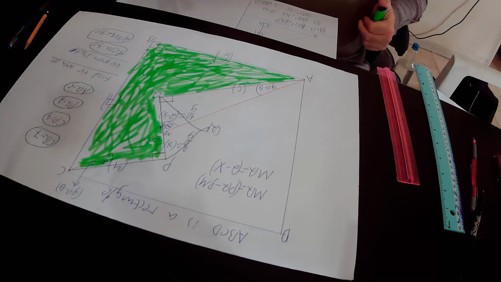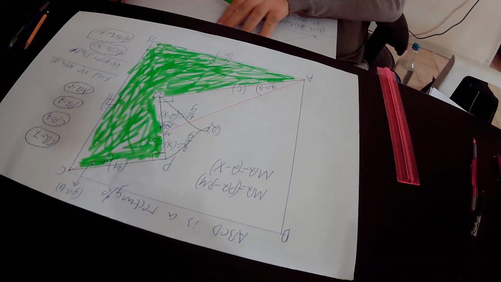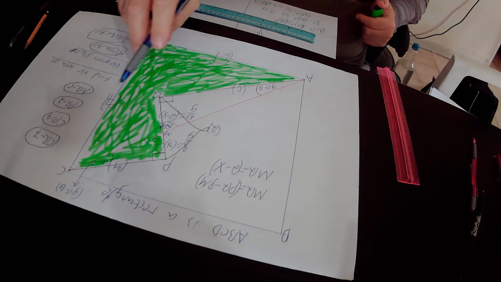Our mission is to find out the area of this green shape. So what is the area of the green shape? Actually, the area of the green shape equals the area of the big right triangle ABC.